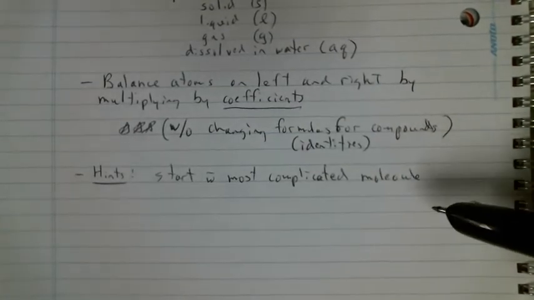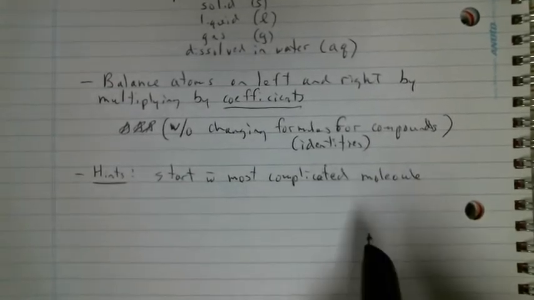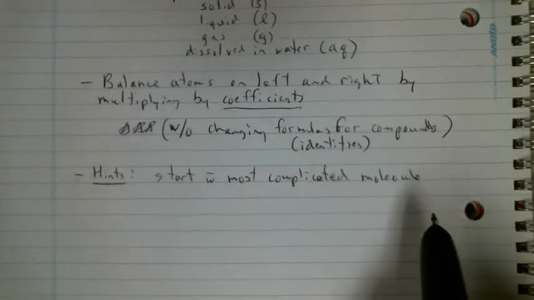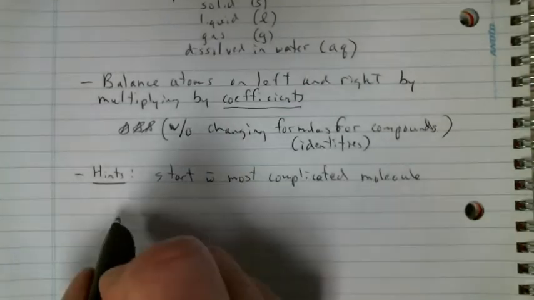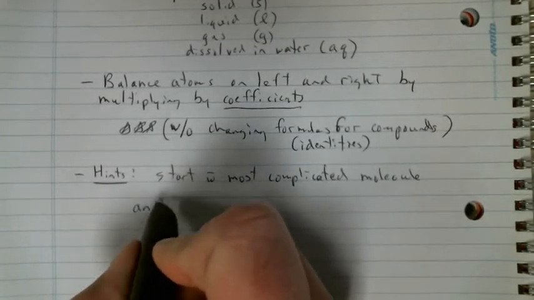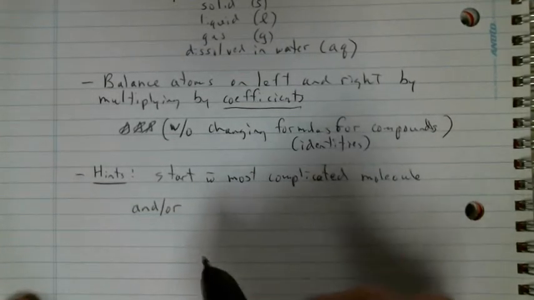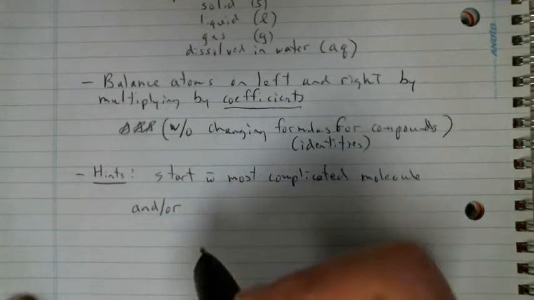So you don't want to start with the simplest one. You want to start with one with more elements in it, because then you can change the simpler ones to match up with it. So sometimes that works. I'm not saying it works all the time, but sometimes that works. Or you can start with atoms that only appear in one substance.